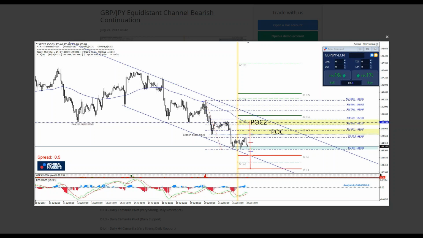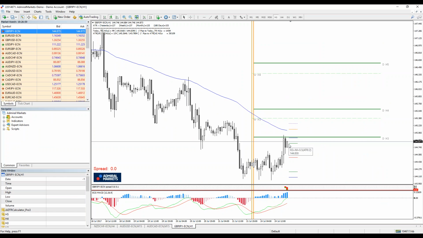Price is going up now, so I think it could go definitely around 145.30, 40, and then it could reject this spot. If it does, then it might make some sort of inverted head and shoulders, but pay attention to possible rejection around 145.30. Okay, it could happen, so please pay attention.